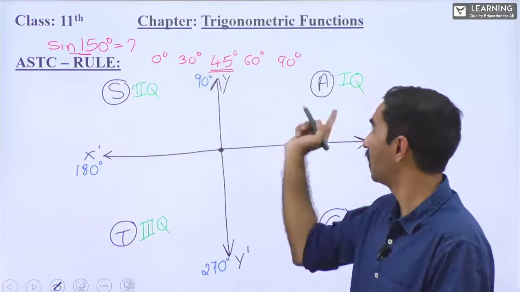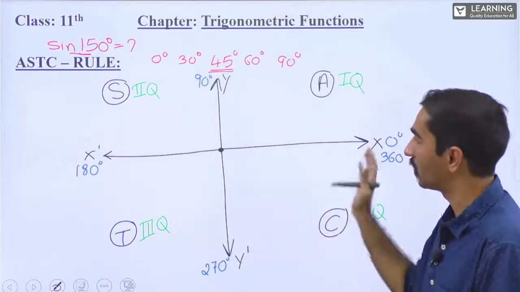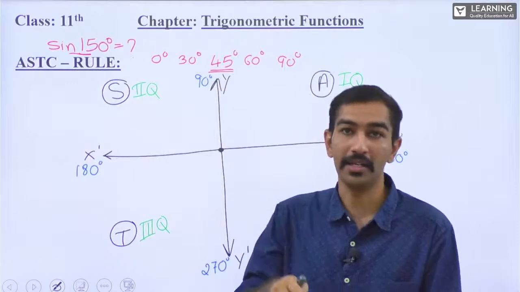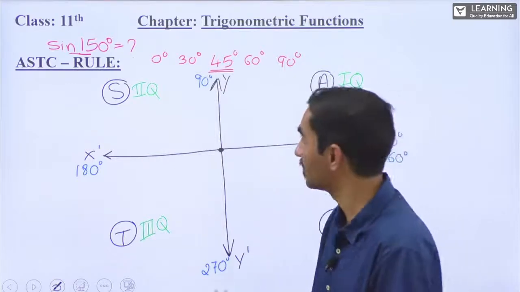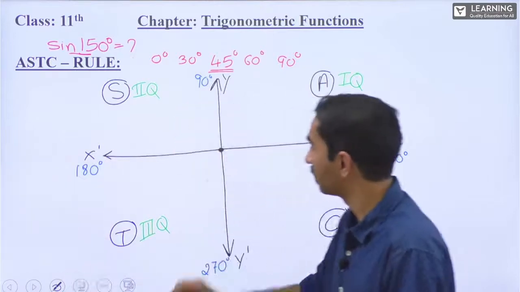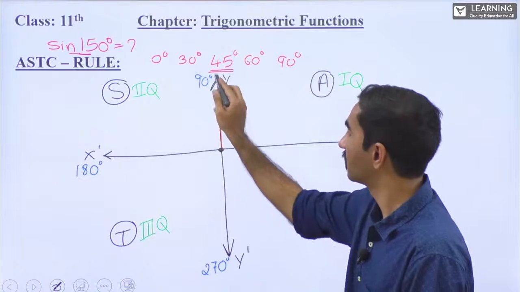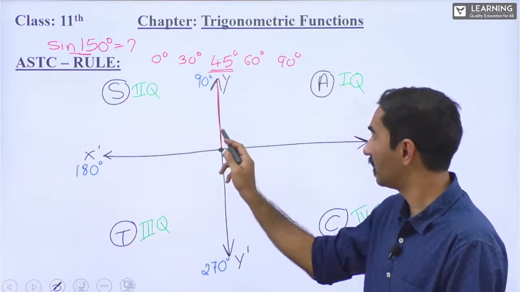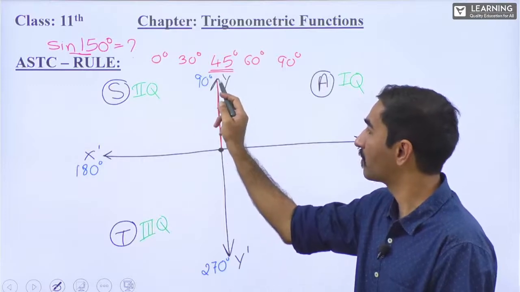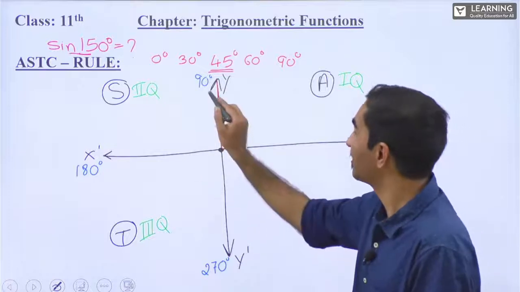ASTC, remember that, in anti-clockwise direction only. First quadrant, second quadrant, third quadrant, fourth quadrant. So this is our outline. Now we are getting into the ASTC rule. Please concentrate, this is a very important rule. Now students, tell me, if I draw a red line here exactly on the Y axis, what is its measure of angle with respect to the horizontal? Yes, that is correct.